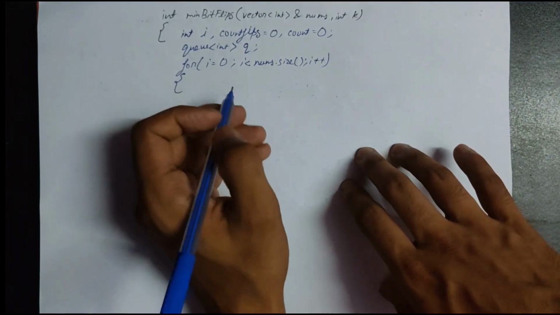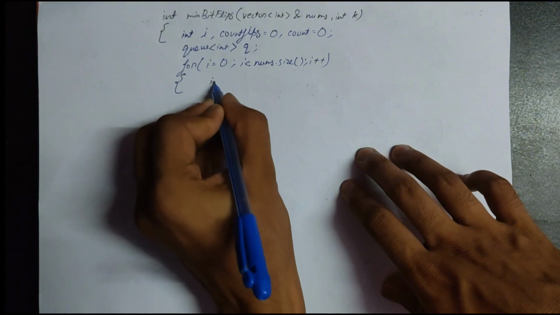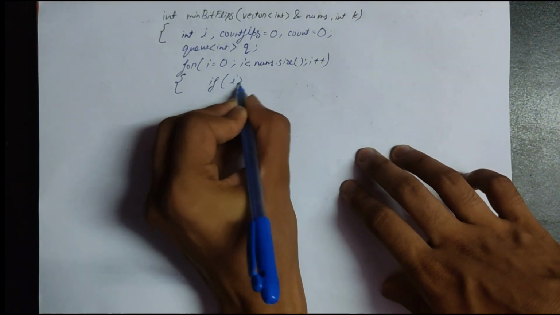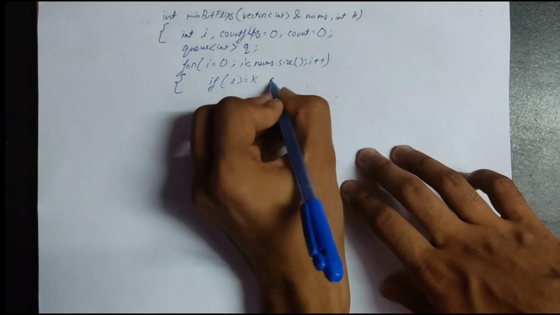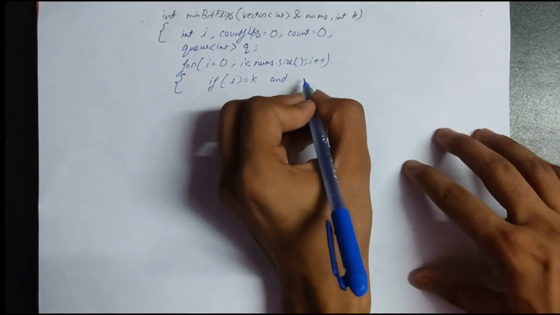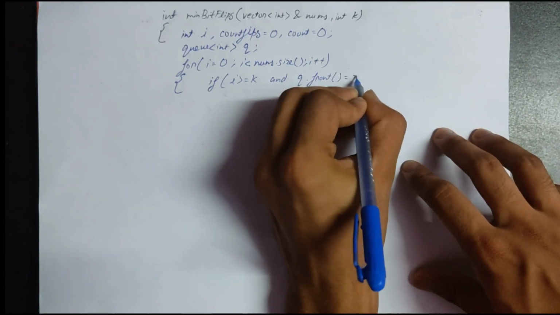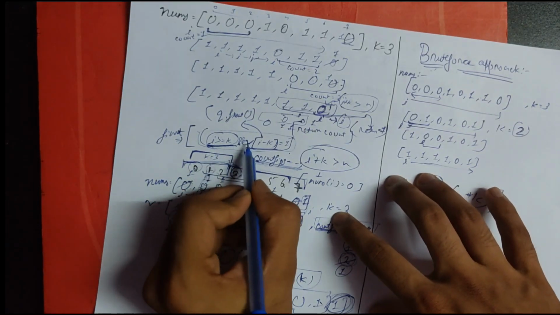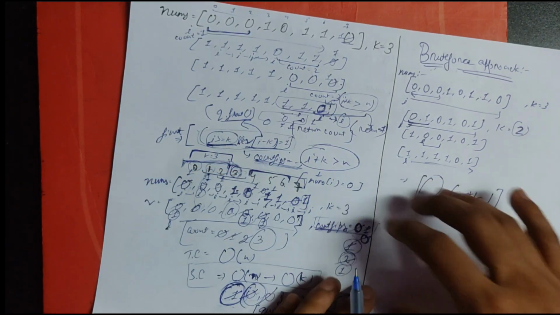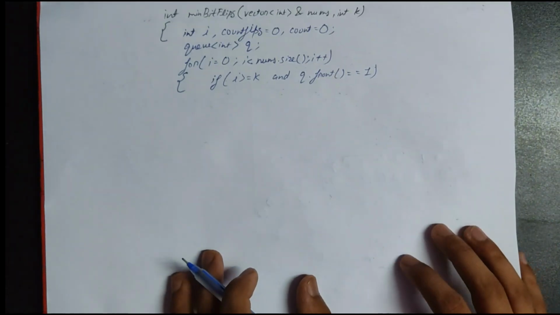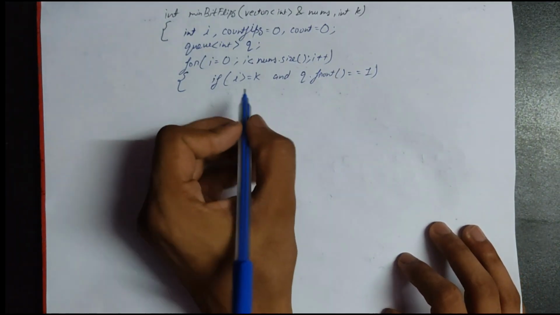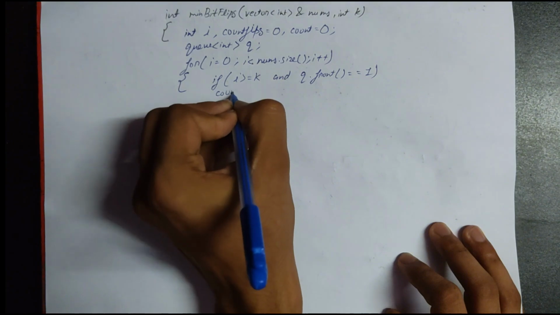So simply write if i is greater than or equal to k, same as I wrote there, and q.front() == 1. Okay, so at this point we will simply decrement the value of count flips.